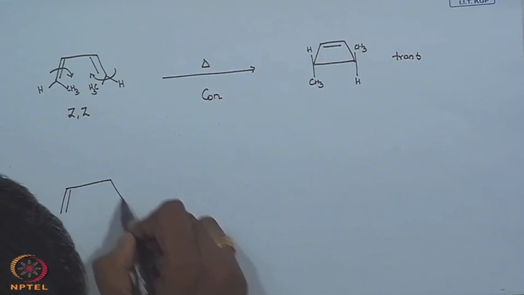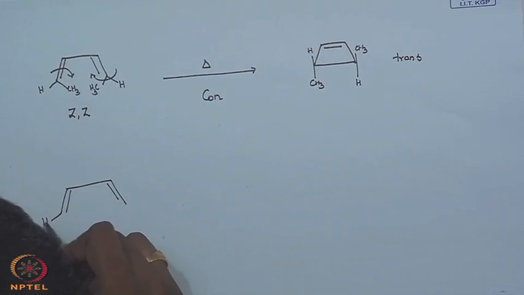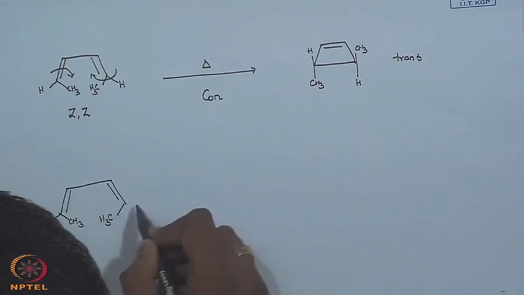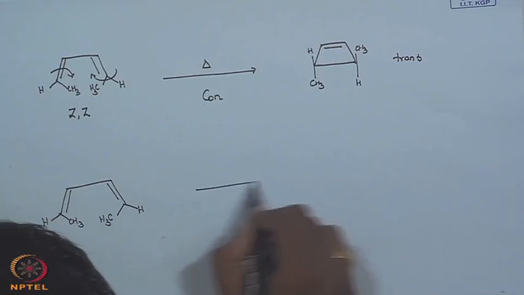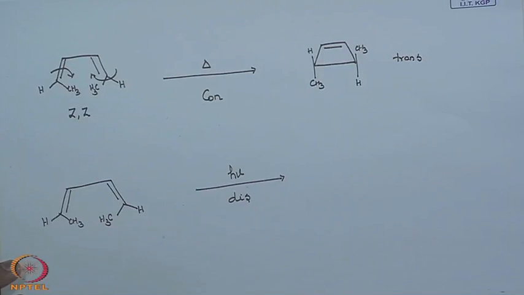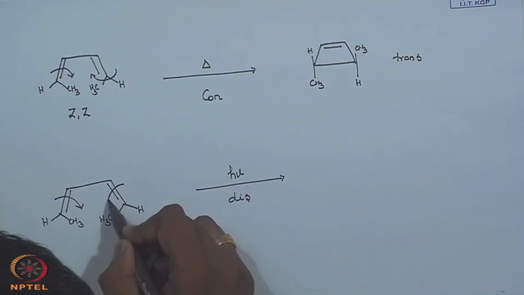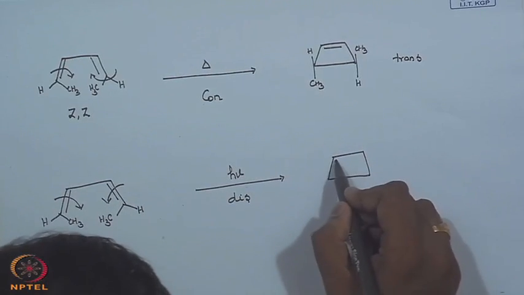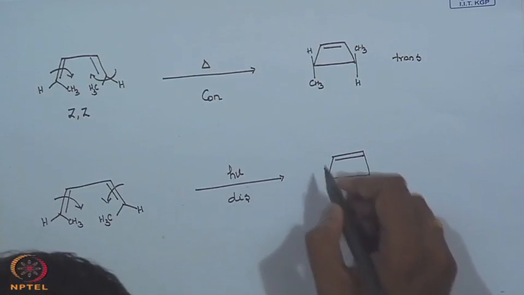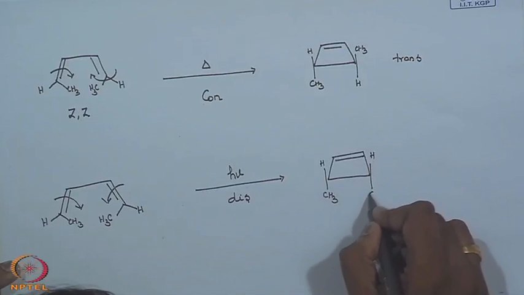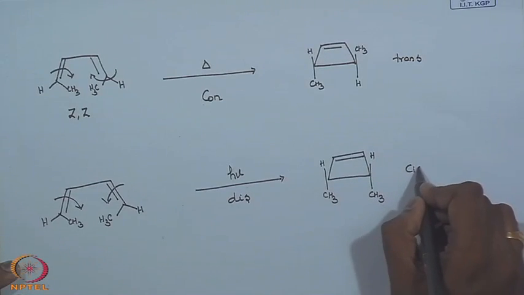Same way, if you take this ZZ system and do the photolysis, it will be this, but your product will be cis in this case. Your hydrogen will be up, methyl goes down, in this case also methyl goes down. So, you get a cis product.